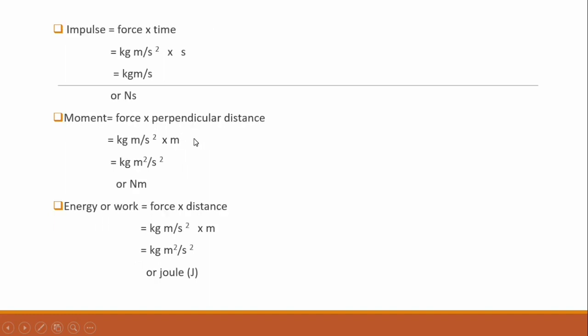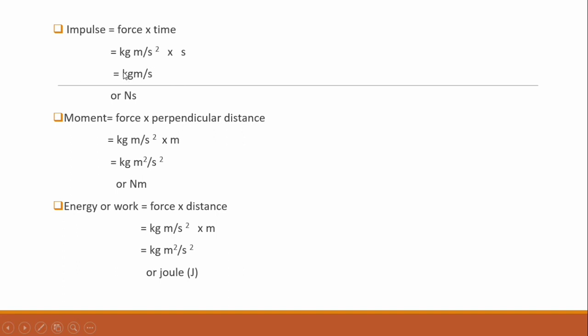So impulse, which is the product of force times time: force is kg meter per second square, and if you multiply with the unit for time, which is second, you will have kg meter per second, because this second is going to divide the second square in the denominator.